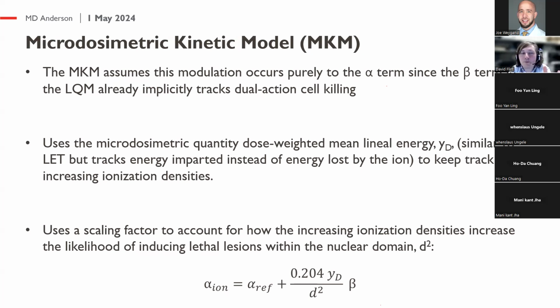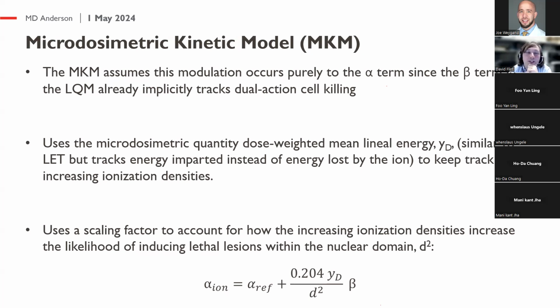And so all of this modulation just goes straight into the alpha term, because that's the term in the linear quadratic model that tracks single action cell killing. So it's actually a relatively simple formulation at the end of the day. It's just this simple formula that modifies alpha.